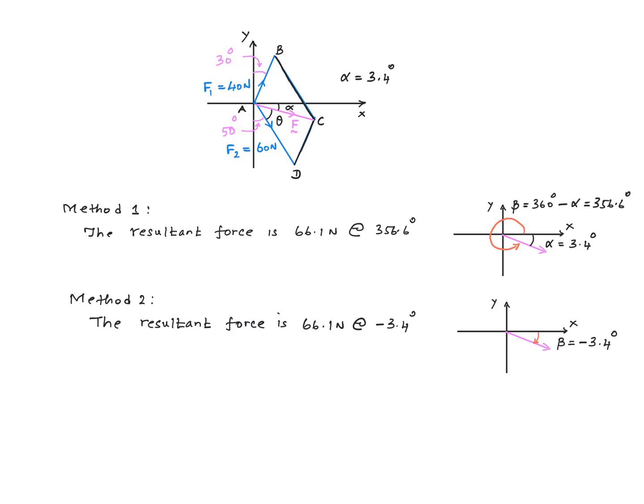Method 2 is to describe the direction in terms of an angle measured in the clockwise direction. So in this case, I'm going to use a negative sign with the angle. So you will describe the resultant force as 66.1 Newton at minus 3.4 degrees.